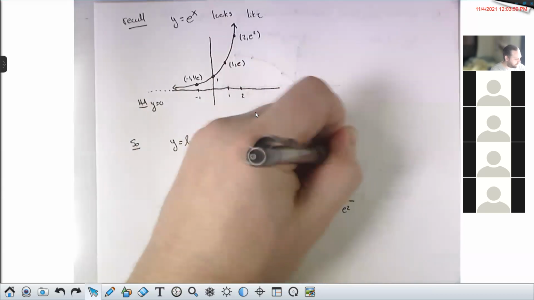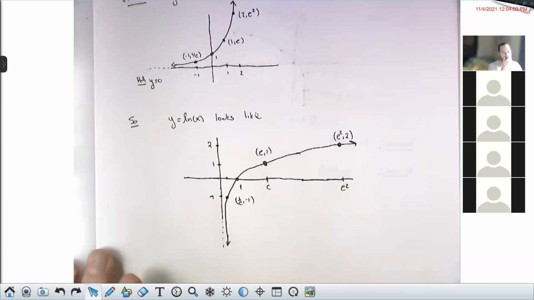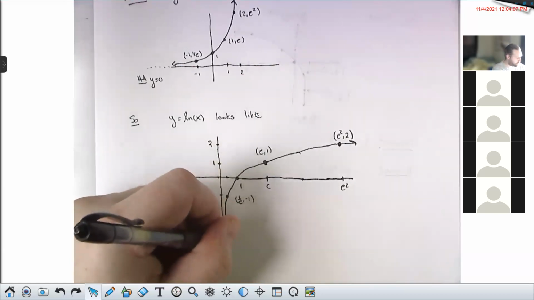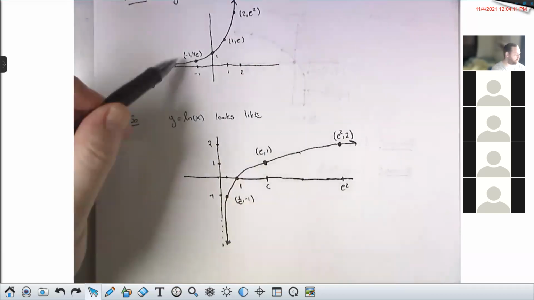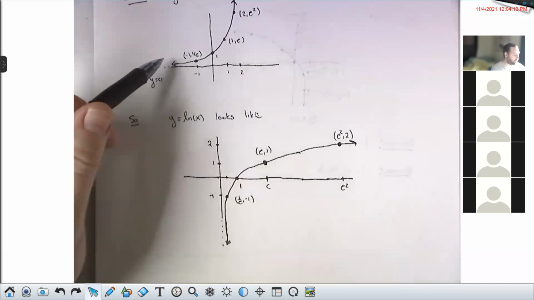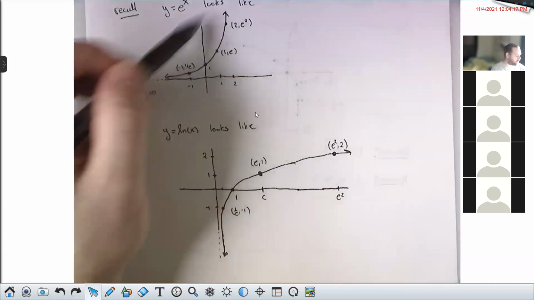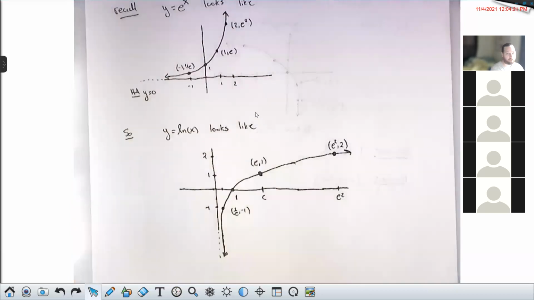This is (e squared, 2). All right. So this part of the graph here is coming from this part of the graph here. This part of the graph here is coming from this part of the graph here. We're just taking the original graph and flipping it over the line y equals x.